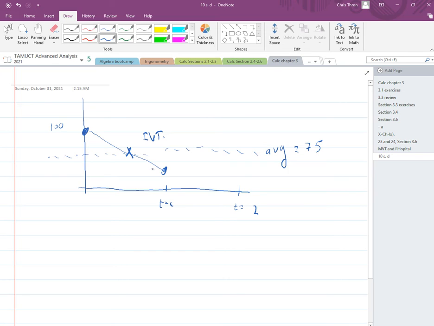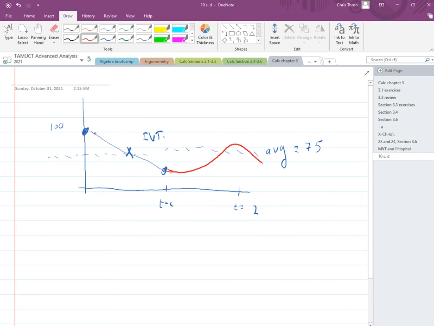Now, if you remember that average is something like an integral, if I continued this function like this, say, and the area, well, that's not a very good continuation. If I do something like this, okay.